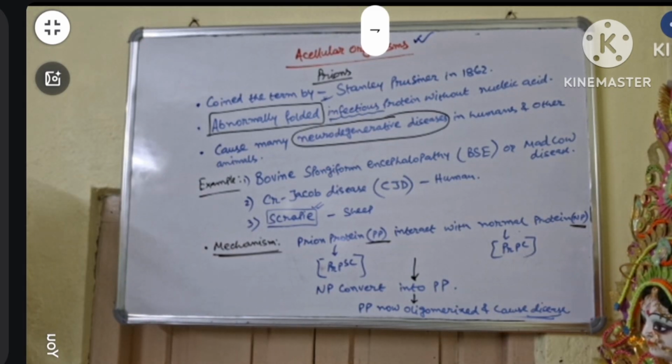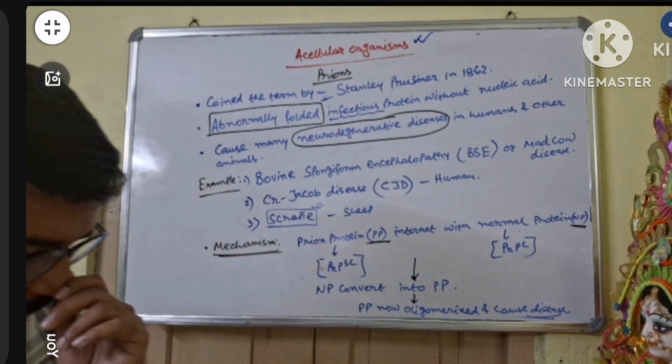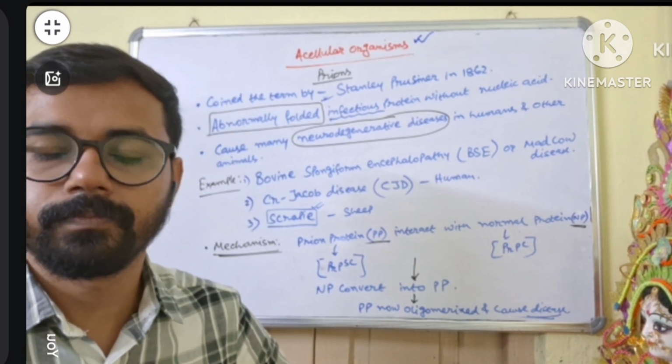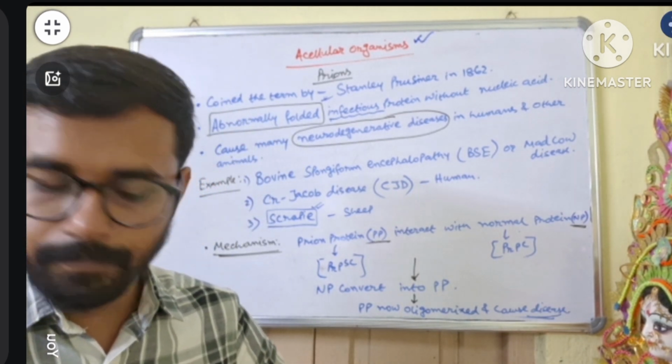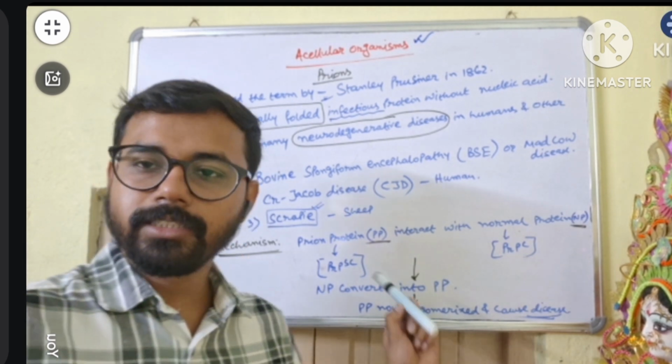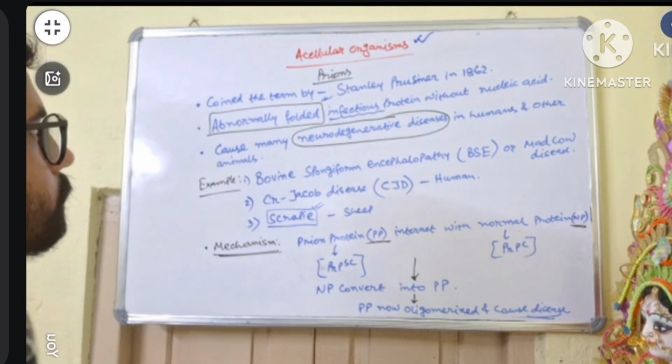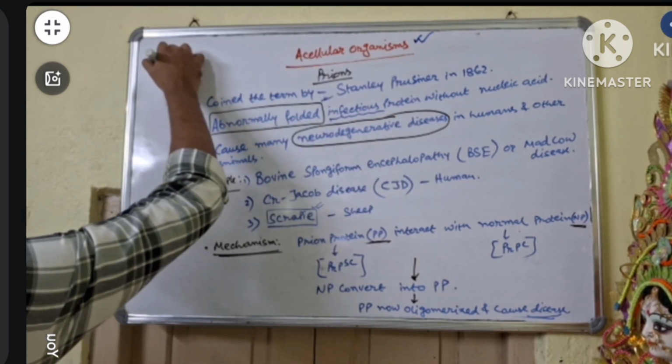Understood the prions mechanism of infection? Clear? Viroids example was given previously. Viroids example, I think I missed it.